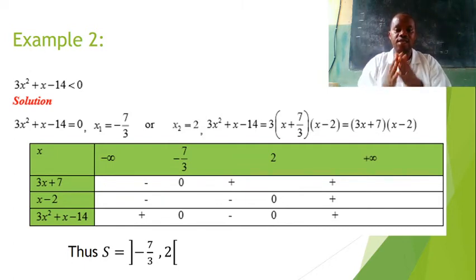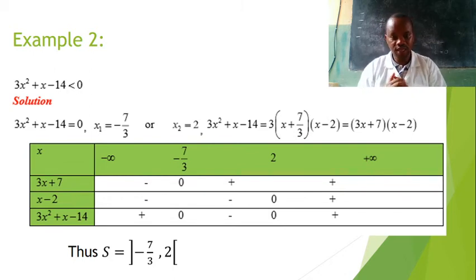In this case, you can take any number for your choice. You can even take 0. If you replace 0 in 3x plus 7, the answer will be 3 times 0 plus 7, which will be equal to 7. And 7 is positive. That is why in this range we put plus, means positive side.